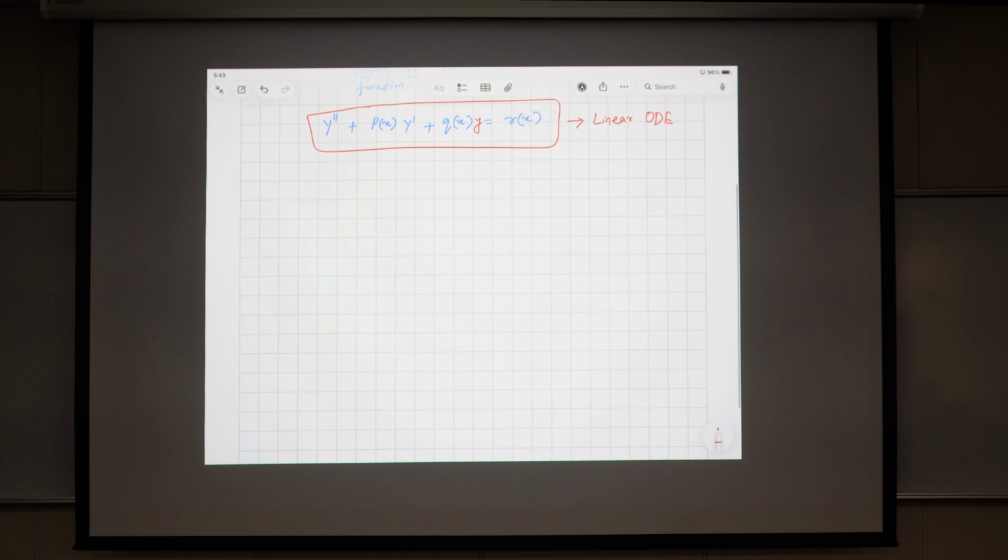That means in this ODE, if this r(x) is equal to 0, then we can say it is homogeneous, and if r(x) is not equal to 0, then it is non-homogeneous. It's pretty much the same concept.